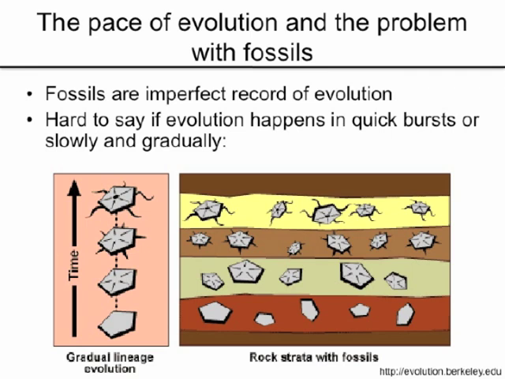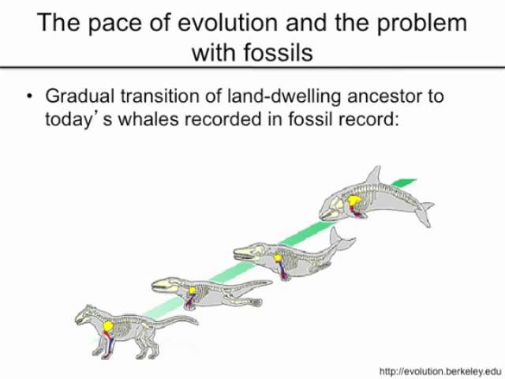And we talked a little bit on Tuesday that one of the pieces of evidence that would support the gradual theory is seeing transitional stages over periods of time, and we do have that in some organisms. So we have seen in some organisms gradual transitions from, for instance, a land-dwelling mammal to a whale, and we see these intermediate stages where they still had a lot of the land features, but they had some of the swimming features as well.